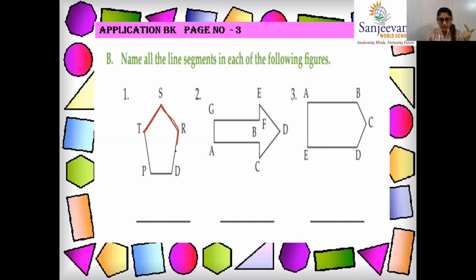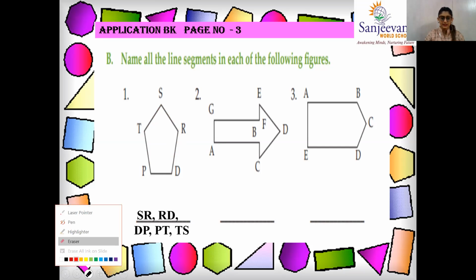From R to D, there's another line segment. From D to P, there's one more line segment, and from P to T, there's one more line segment. That is, this pentagon is made up of a total of 5 line segments, and we have already named those. So write down in the blank given: SR, RD, DP, PT, and TS.